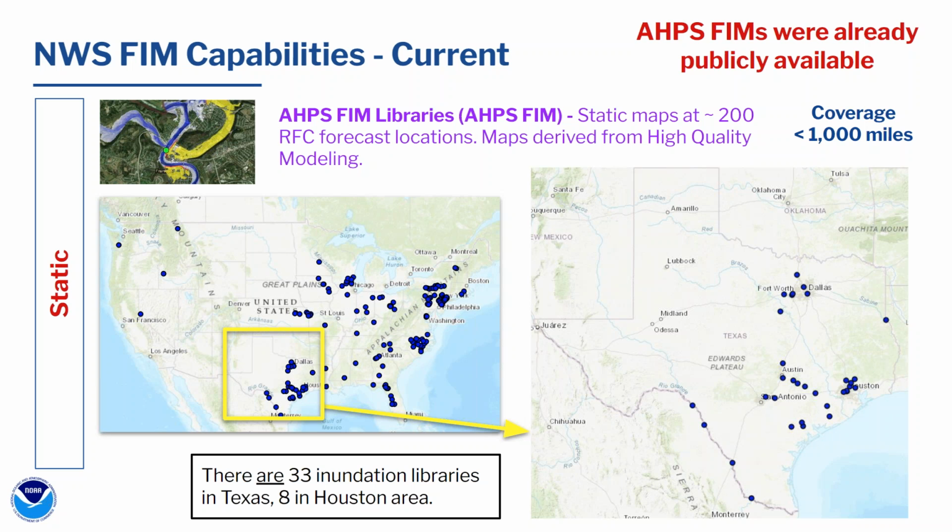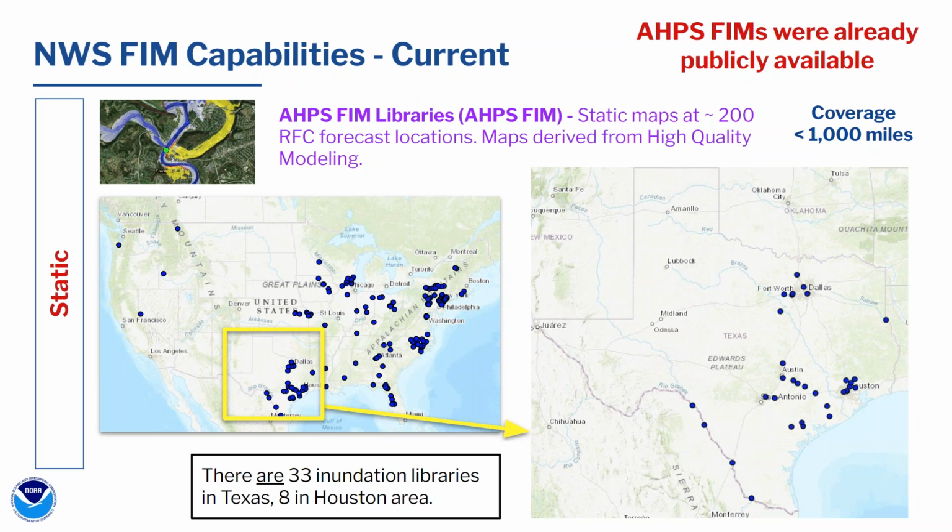These are static maps at roughly 200 river forecast points across the country. Remember, we have 3,600 across the country in general, but 200 forecast points that have these static maps. And these are derived from high quality modeling methods. So these are those engineering hydraulic based flood inundation maps.